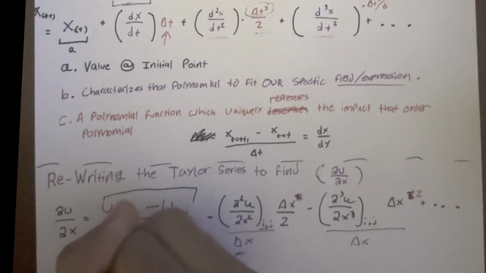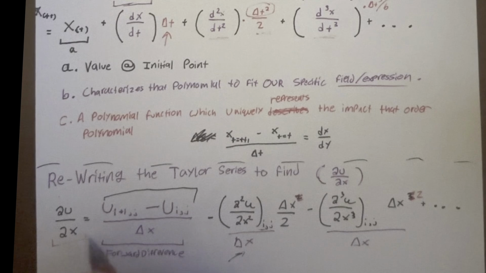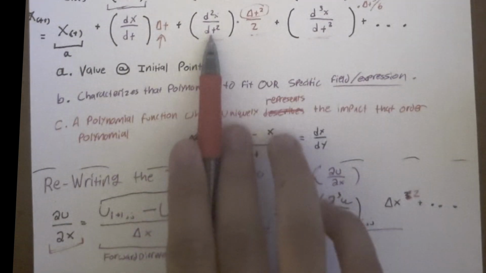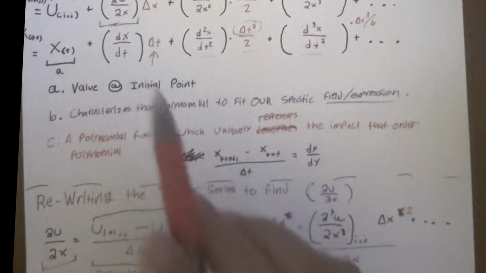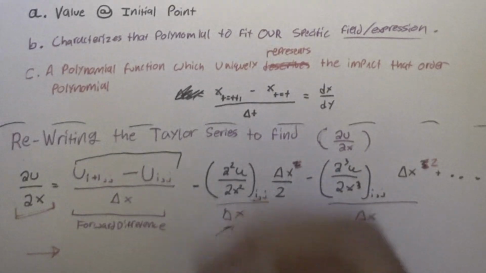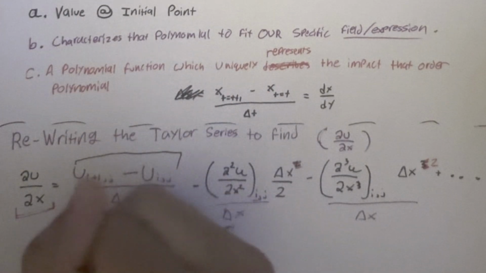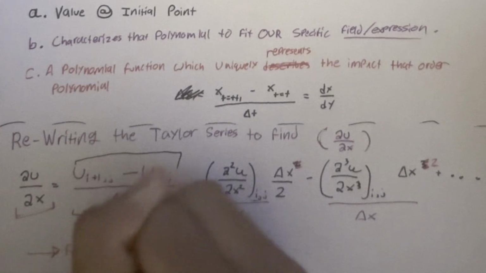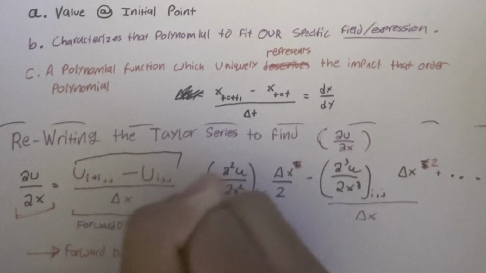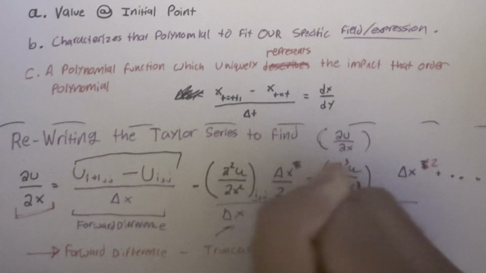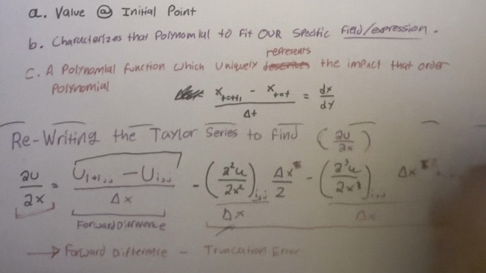And what you can describe this formula for, I don't want to say coefficient, but the partial differential equation term, and if we were in the 1D example, that'd be velocity specifically, we can describe as the forward difference minus your truncation error, where this right here is your truncation error.